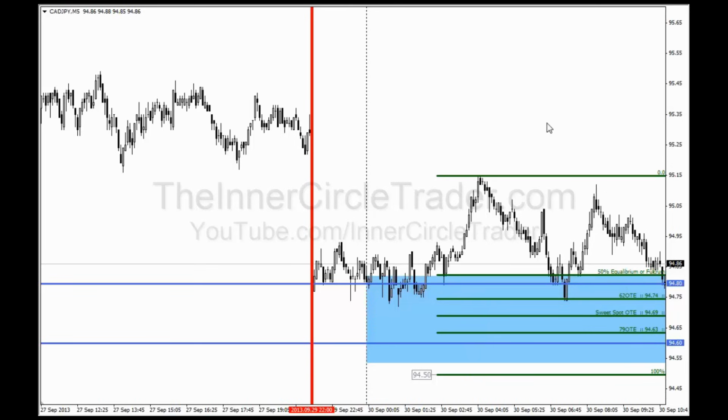Okay, but because there are psychological barriers in price, we have to consider it. And the way I use it is like this. So if price trades down to the 94.74 level, 94.69, or 94.63, that would constitute an optimal trade entry within the order block, with the understanding and premise that it may not get down to 94.60 or to 94.50, or very well may just trade through it and spike even lower and not even give me a pattern at all.